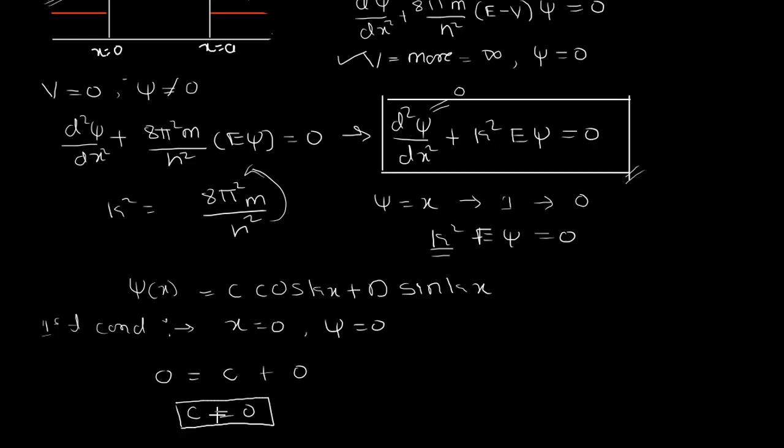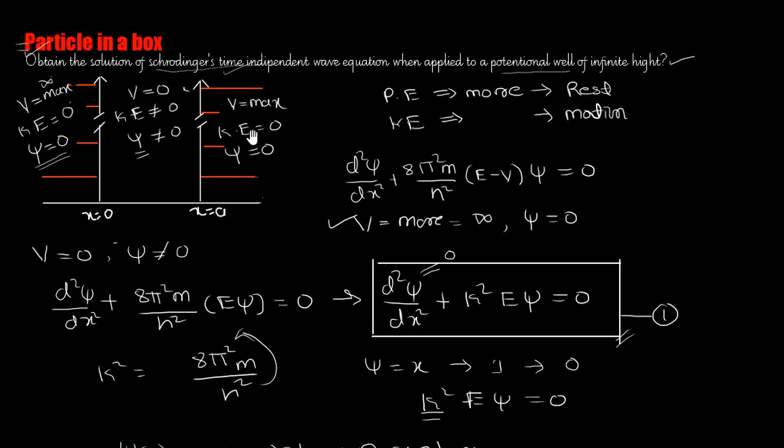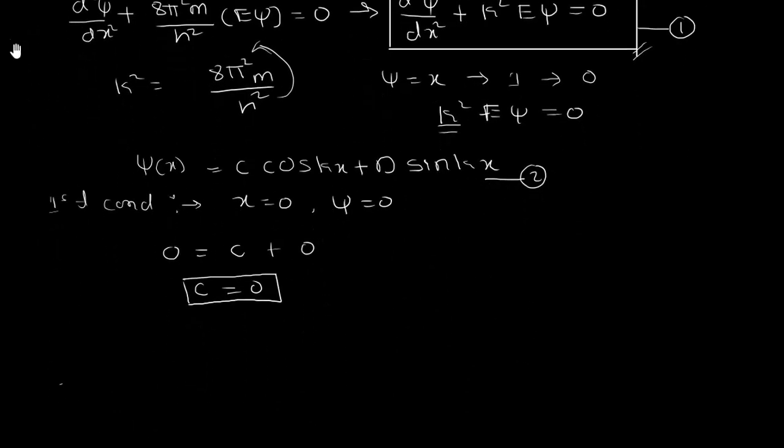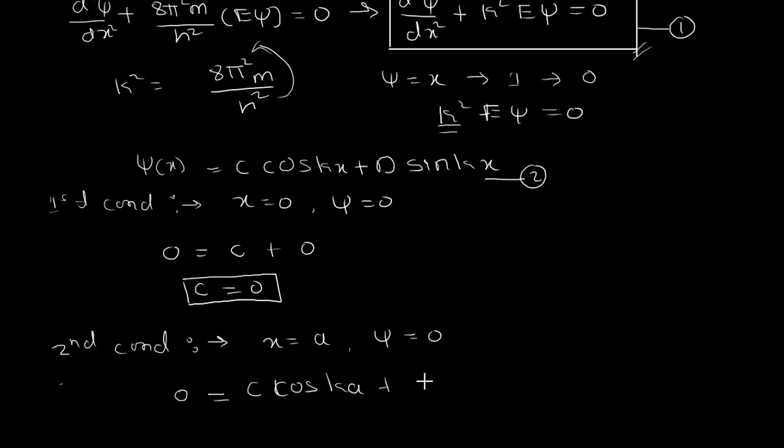Keep it inside the box and name this equation number 1, and this one equation number 2. Now next, come to x equals a when psi equals 0. Substituting in equation 2, for the second condition, x equals a and psi equals 0, we get 0 equals c cos ka plus d sin ka.